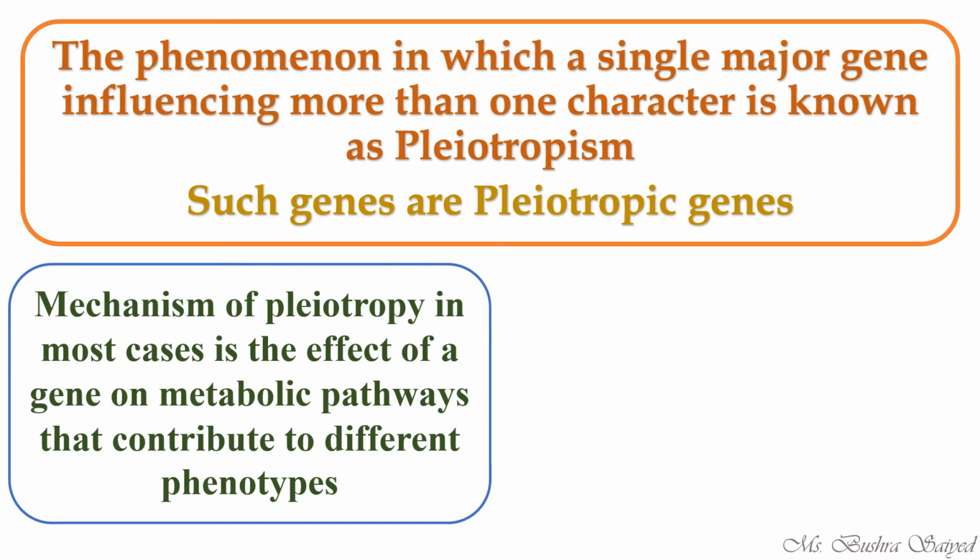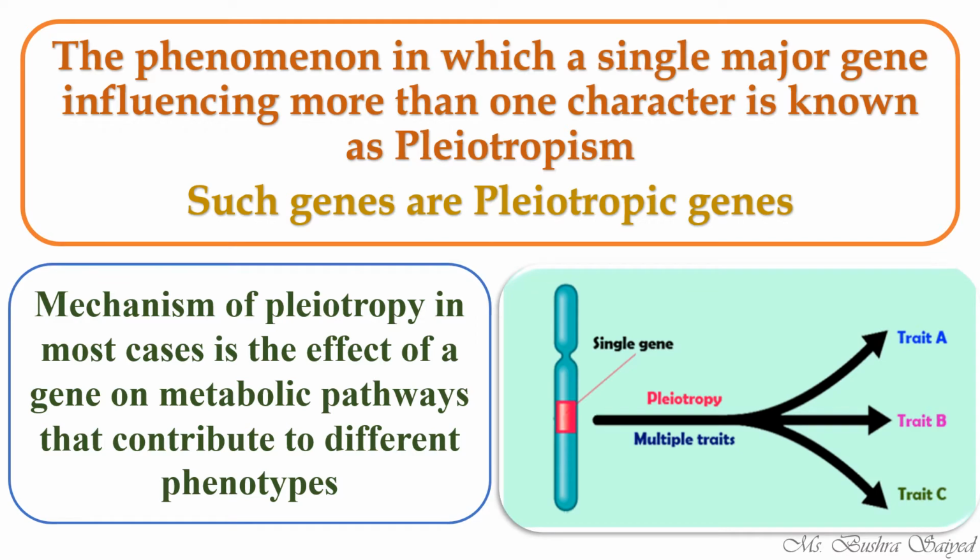So this particular gene will be influencing only one protein, but this single protein will have different phenotypic effects. See in the diagram, this is a single gene. Due to pleiotropy, it gives rise to different phenotypic traits. We'll study one by one through examples.